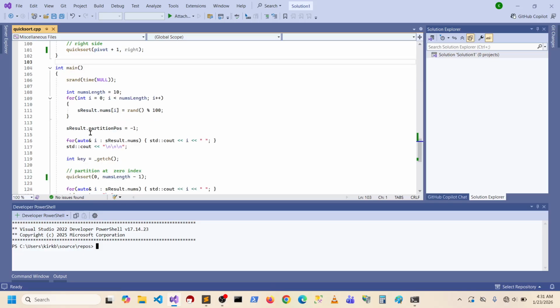I think that's why I needed nums length at some point. Just do this. Take that out. And nums is here.